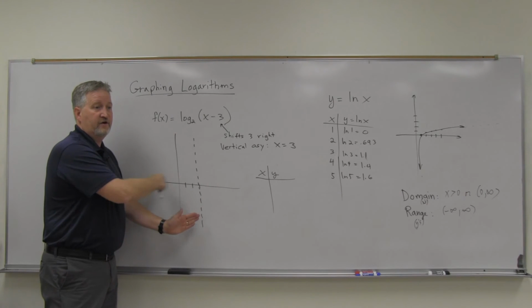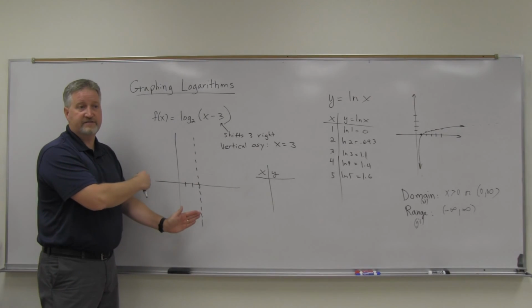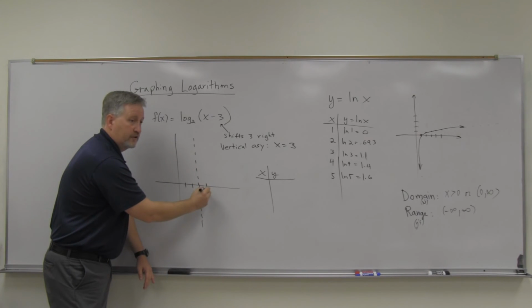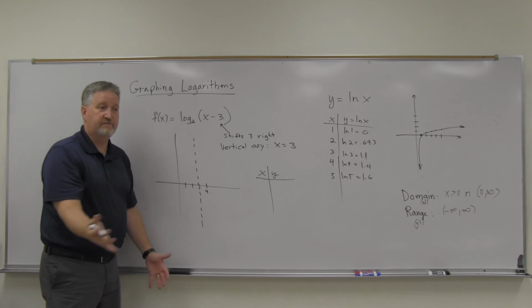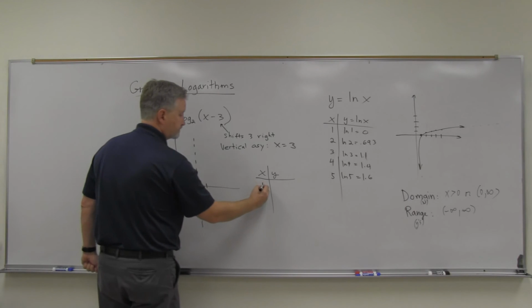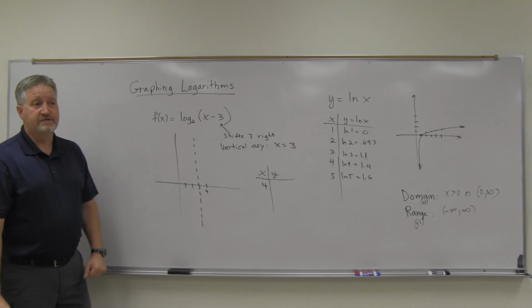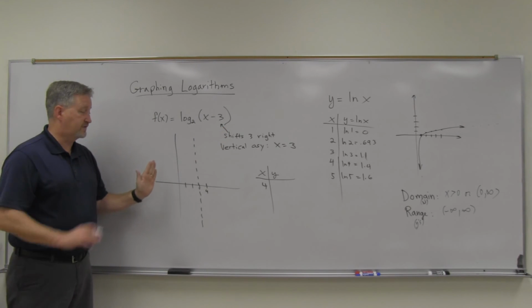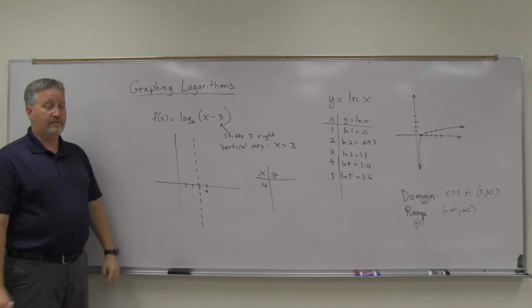I'm not going to get anything over here as far as the x's go. It's all going to be over there. So I probably want to start at 4 and then come up with some other values. You see what I'm saying there? So that's important to note that everything's been shifted to the right, and so that shifted the points that I would want to find.